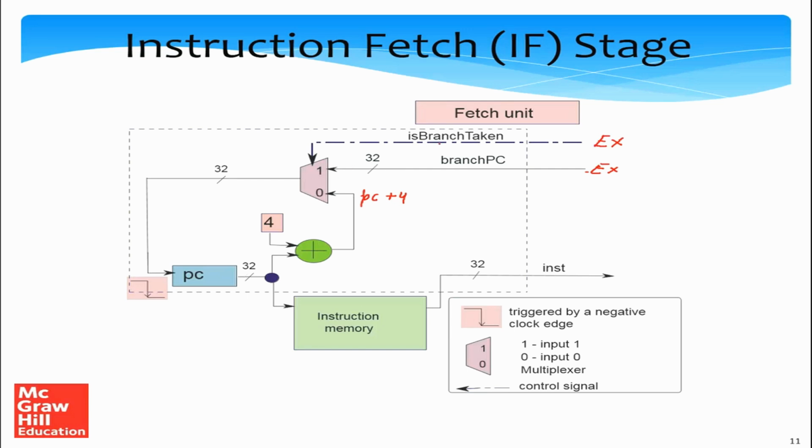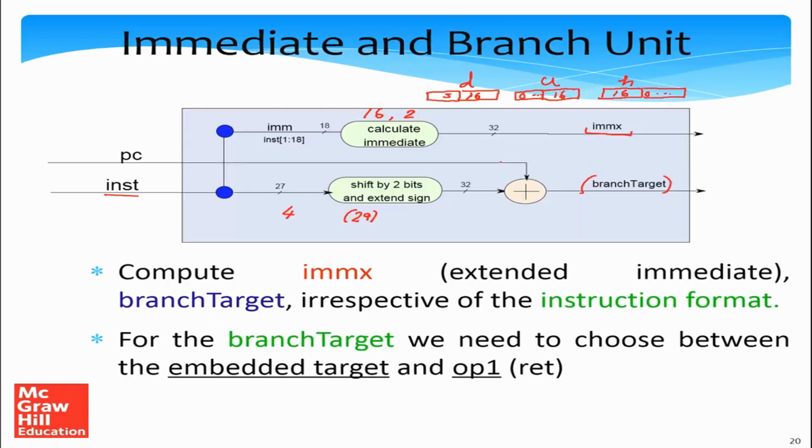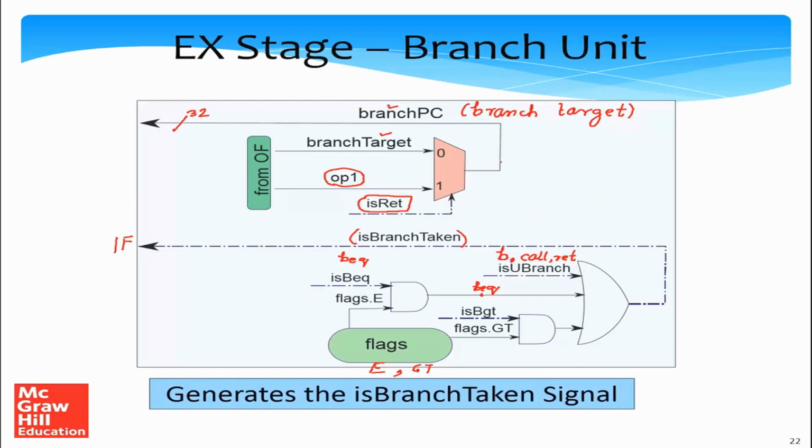We are choosing between them depending upon this particular signal, and this is telling us to either choose the default next program counter or choose branch PC. And branch PC is being generated in the EX stage using this multiplexer, as is shown, based on the values of the isRet signal and data computed from the previous stage, the OF stage.